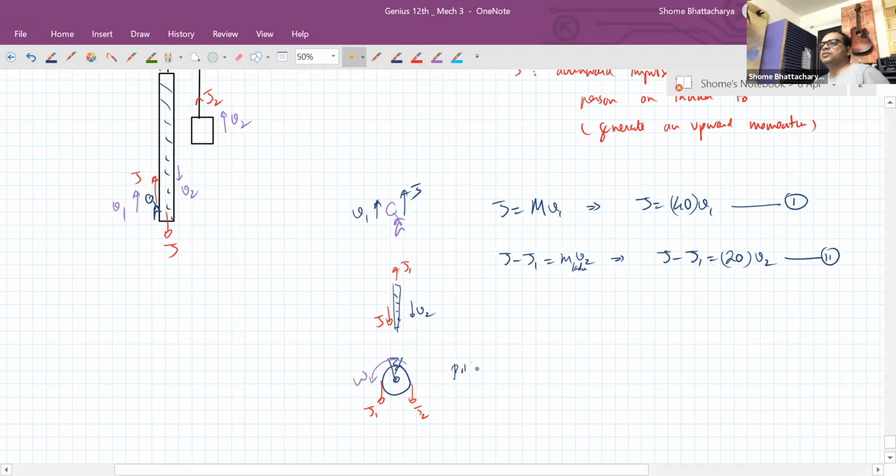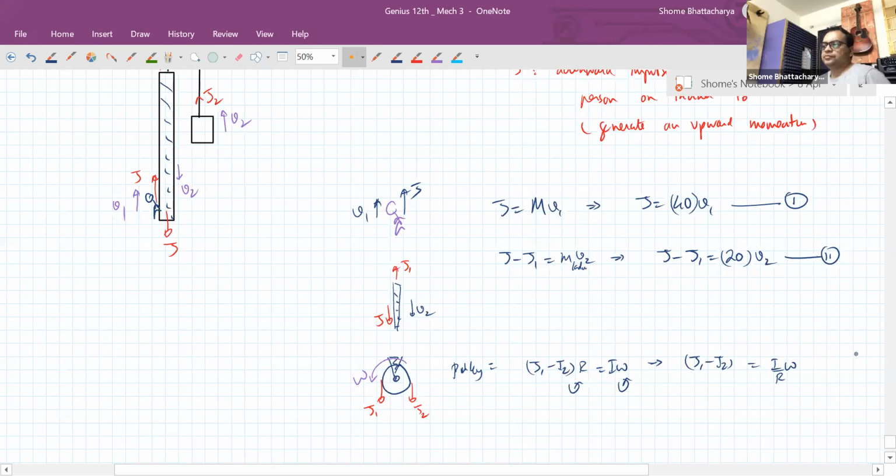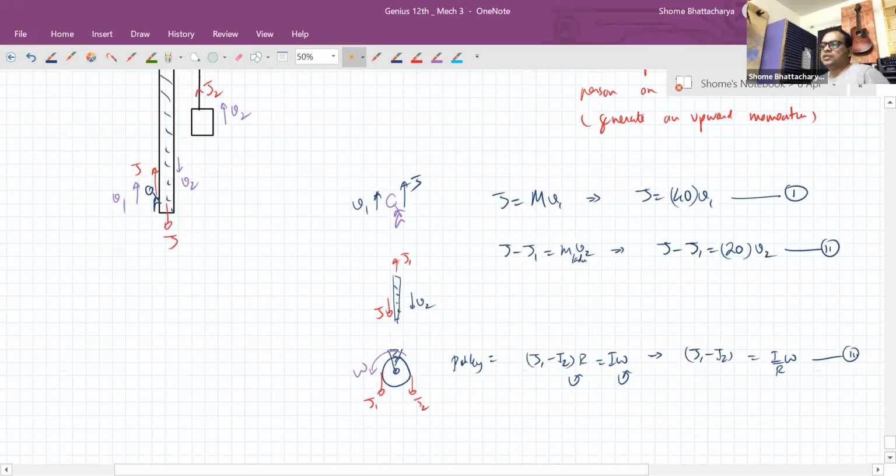So on the pulley, we have J1 minus J2 into R, anti-clockwise, is I omega, anti-clockwise. So we have J1 minus J2 is equal to I by R into omega. So that's our third equation.